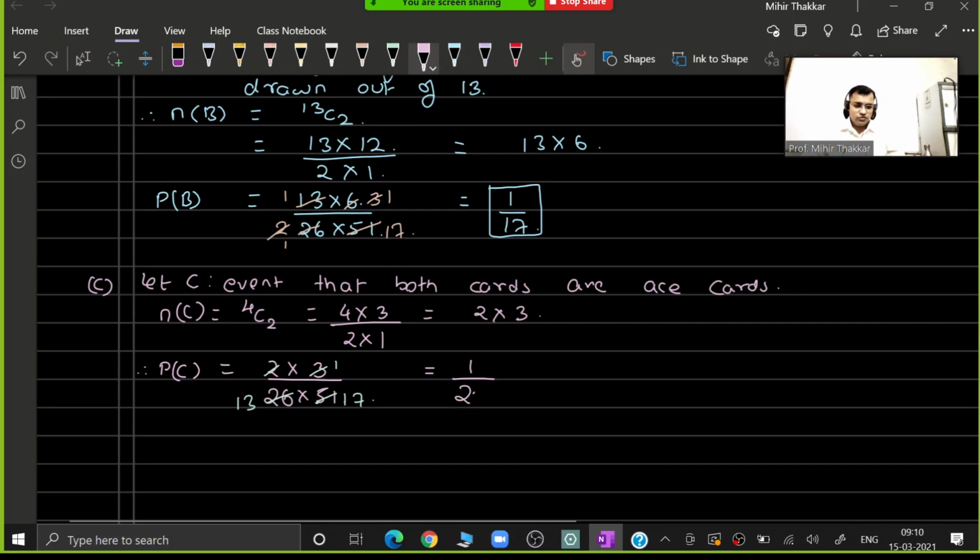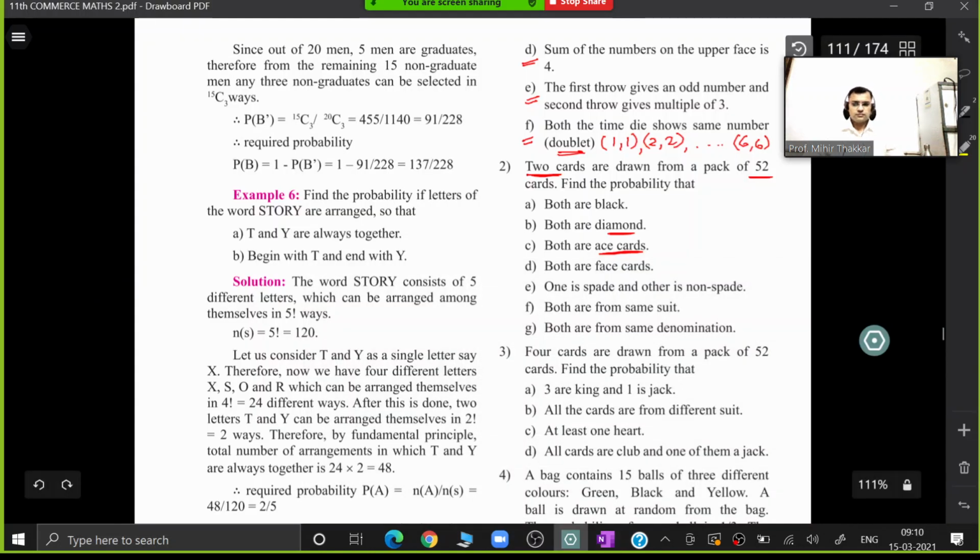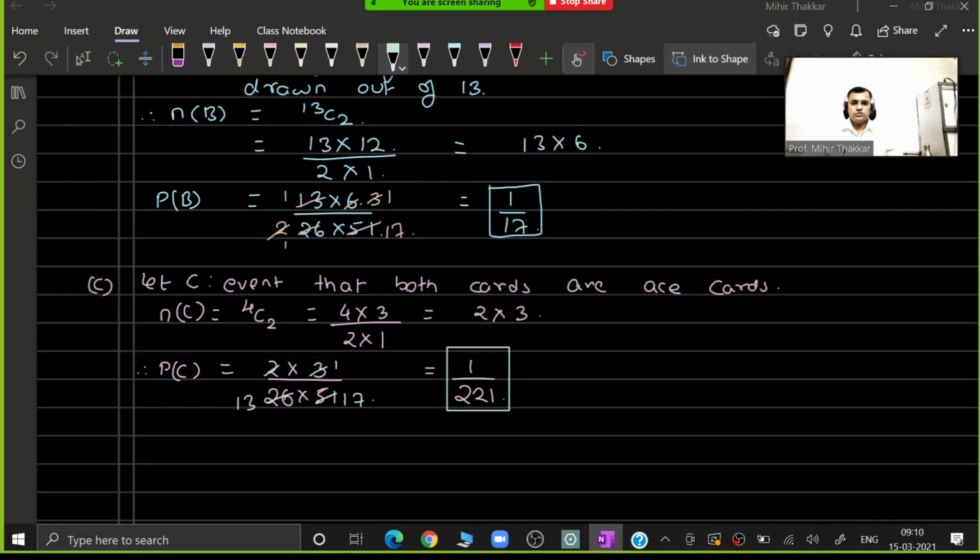This is 1 upon 221. Okay. Now D is for the face cards, so it's quite similar one. Let's do it.